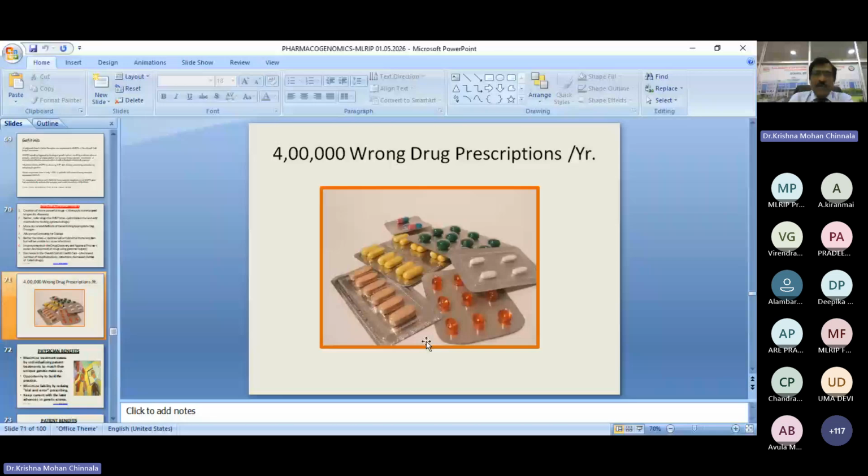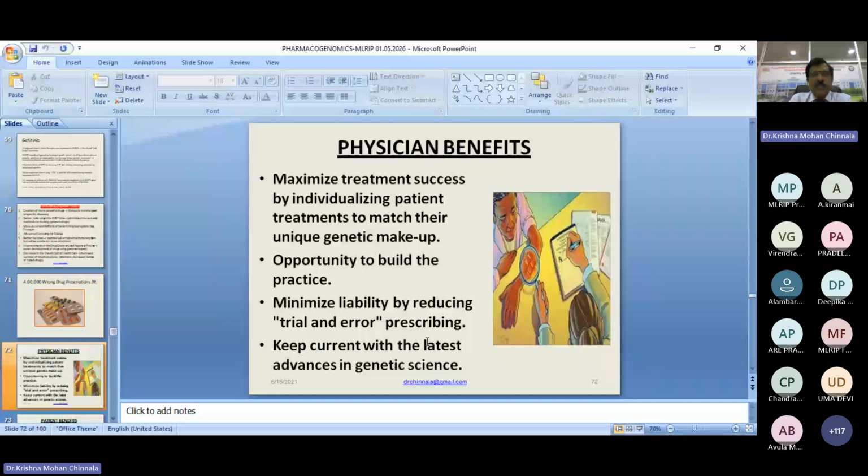And the patient benefit from pharmacogenomics is to maximize treatment success by individualizing patient treatment to match their unique genetic makeup. So here we can discuss the doctor's practice. So many times we use that phrase, this doctor is good for the treatment of diabetes.